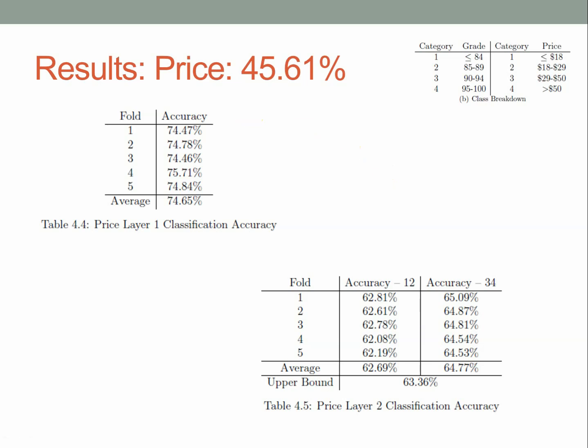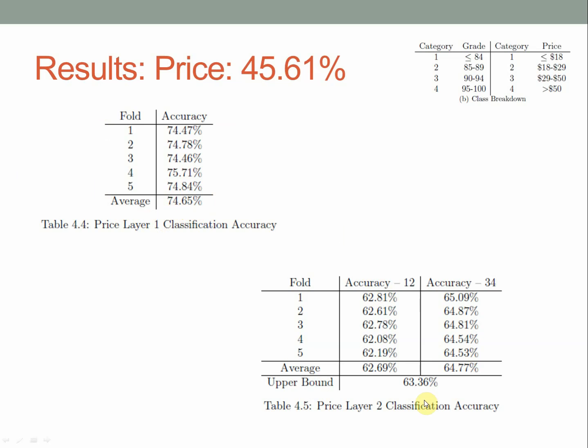However, how much you want to pay, or how much the winemakers are charging for a wine, is not really closely related to the wine review itself. And therefore, you can see that for the first layer of the price prediction, we can actually achieve about 75% accuracy in predicting whether a wine costs $29 or below, or above.